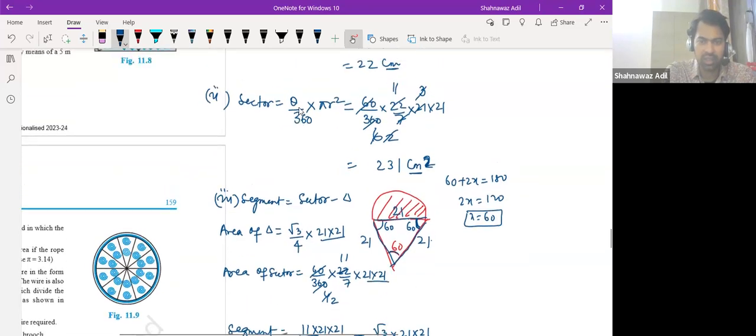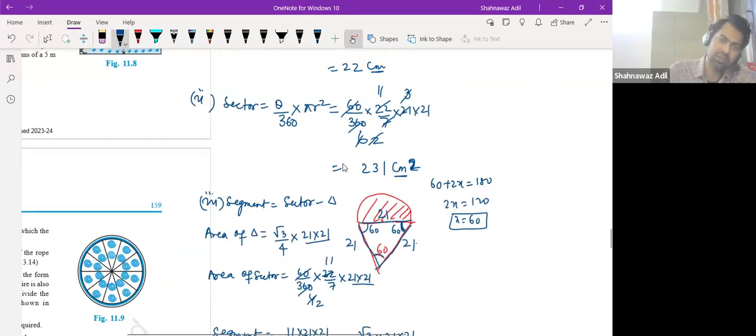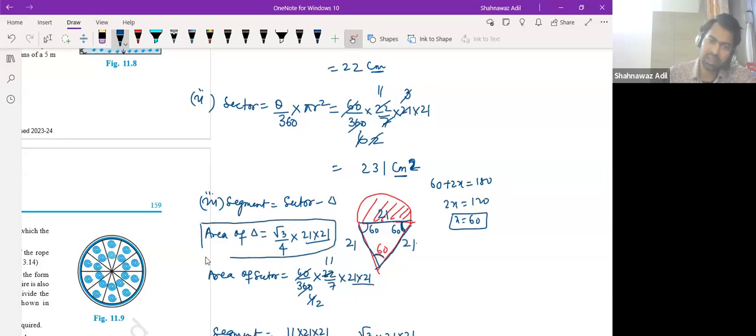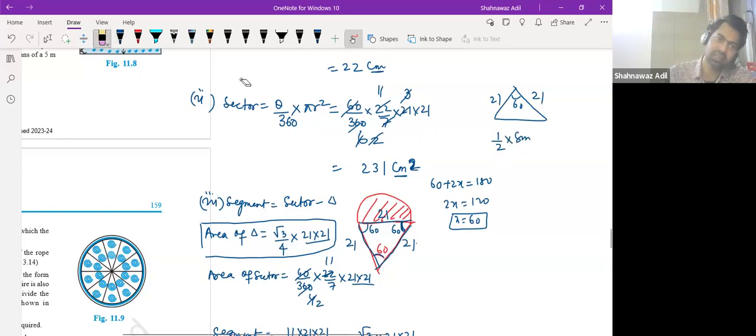Also, if we don't want to use this one, then we can use the triangle one. So we have this 60 degree, this is 21, this is 21. So half A B sine of 60.